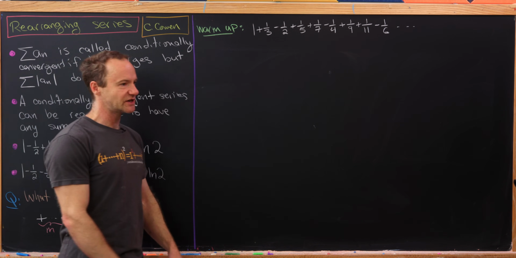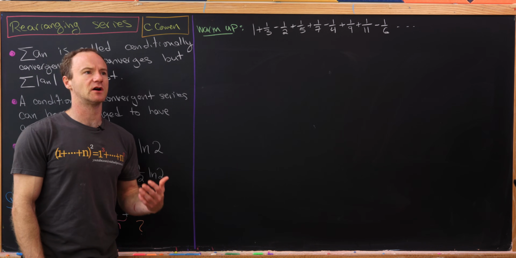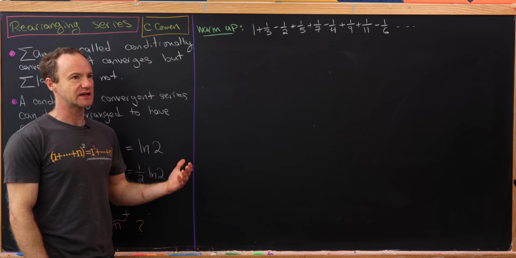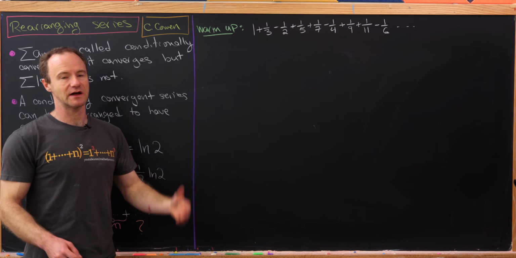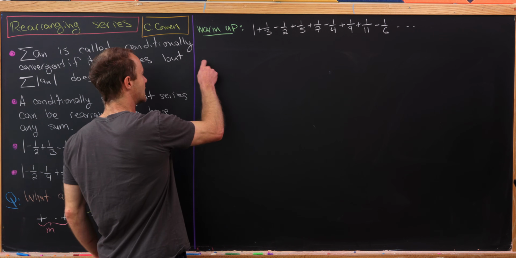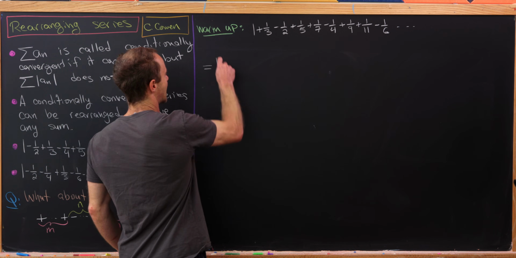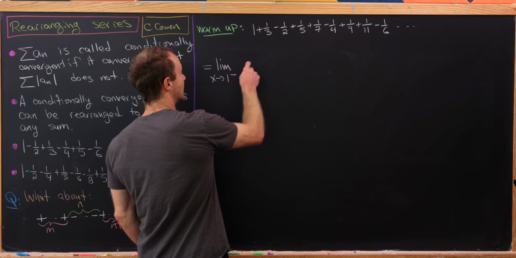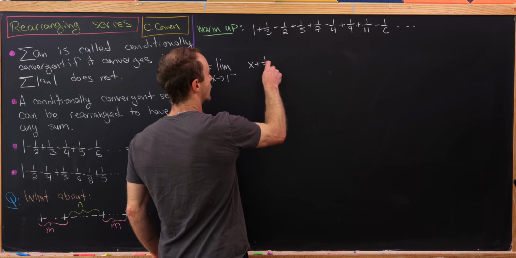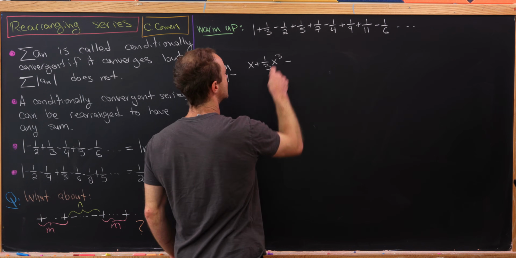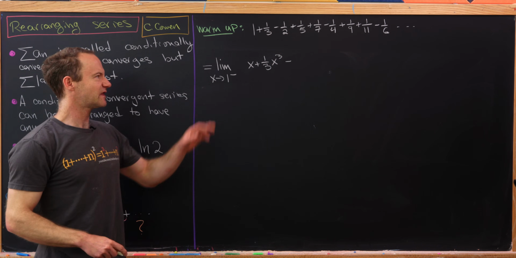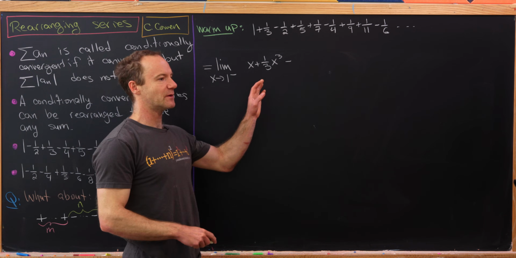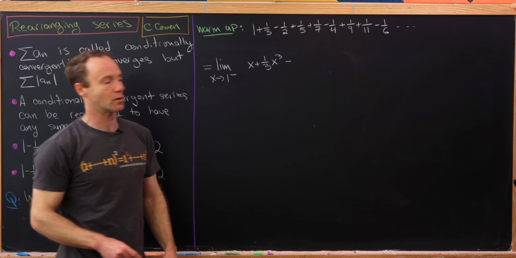Okay, so our strategy will be first to employ something called Abel's theorem, which allows us to write the sum of any convergent series as the limit of a power series. And what we'll do is write this as the limit as x goes to 1 from below of x plus 1/3 x cubed minus, so you might think I'm going to do minus 1/2 x squared, but I want to keep the powers of x in increasing order.